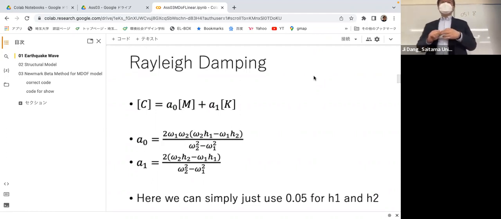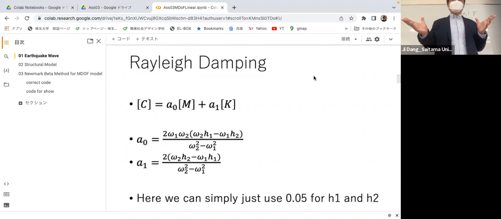When you use Rayleigh damping, you will use a ratio of mass and a ratio of K. So A0 and A1 are just parameters, a ratio of mass and stiffness. What this equation means is that if the structure has larger mass, a big structure, then damping should be large.